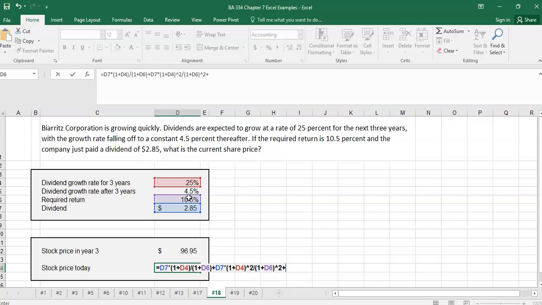plus dividend times 1 plus the growth rate for 3 years.